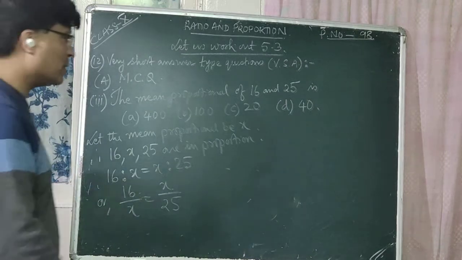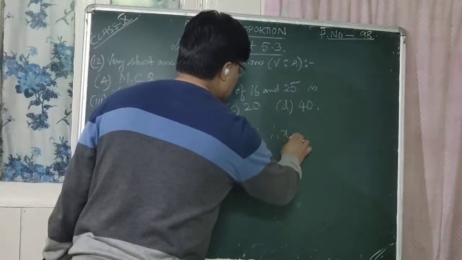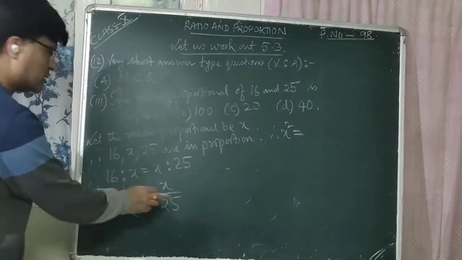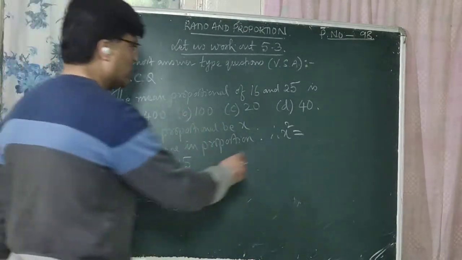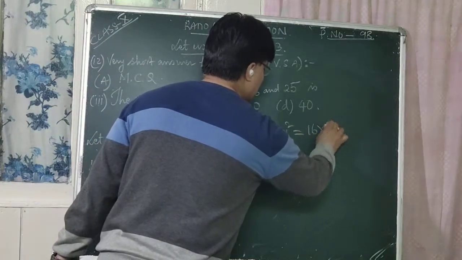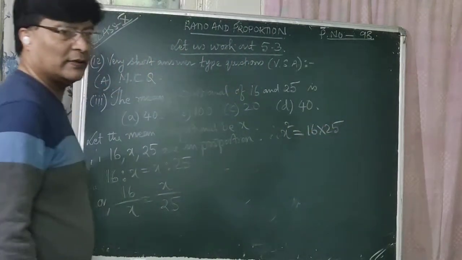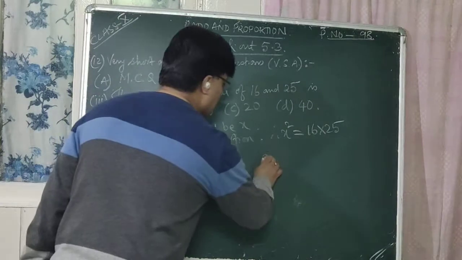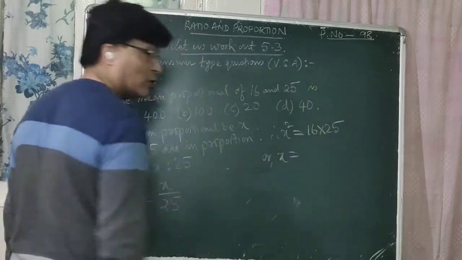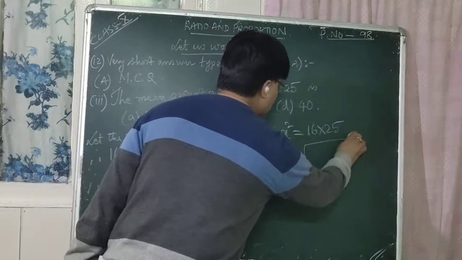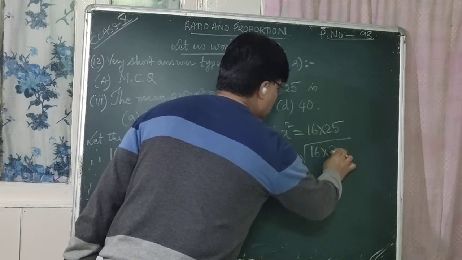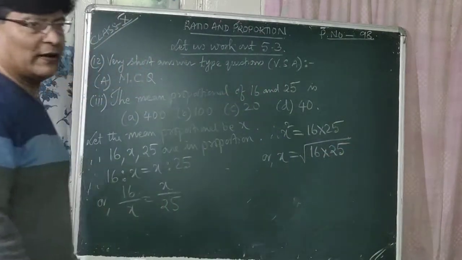So now you do cross multiplication. That is x square, x into x is x square, is equal to 16 into 25. That is 16 multiplied by 25, right? Now you have to take the square root on both the sides. What is square root of x square? That is x. And take the square root of the right hand side, that is root over 16 into 25.